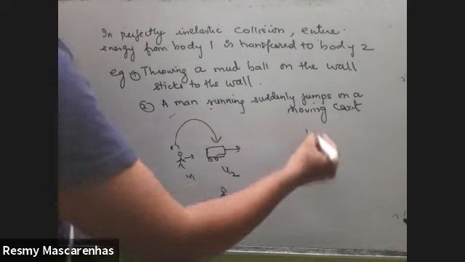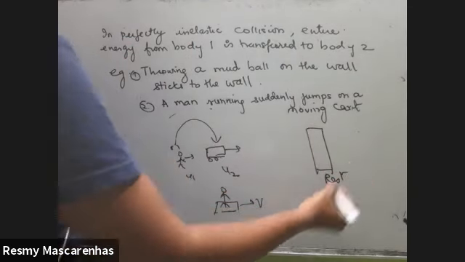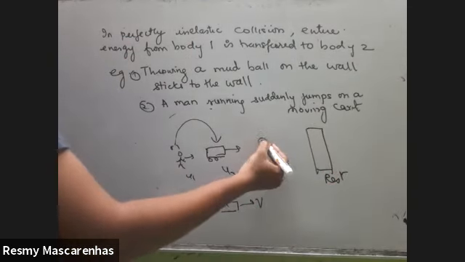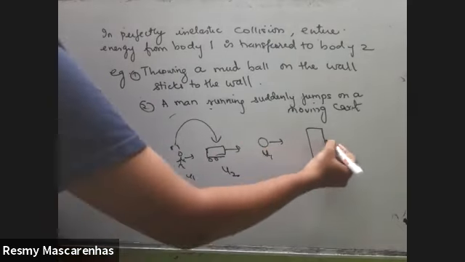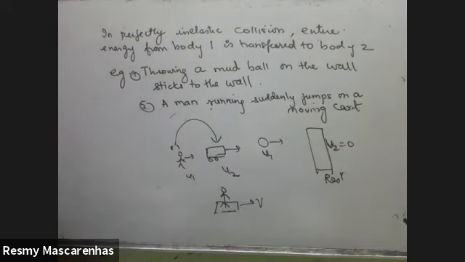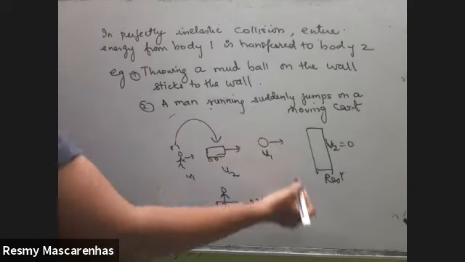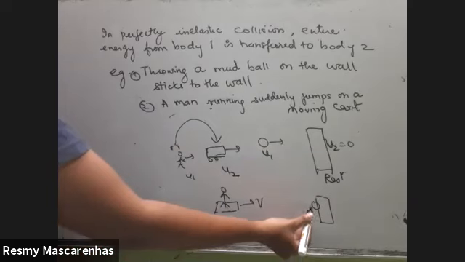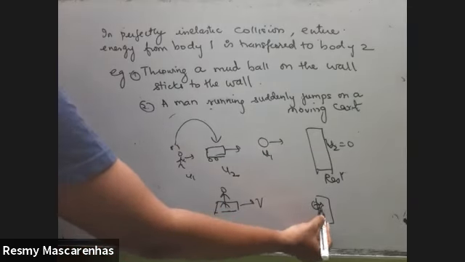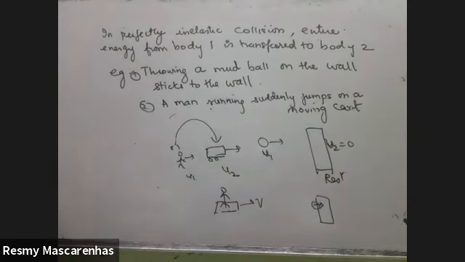Consider this one. There's a wall. This may be at rest, doesn't matter. The mud ball is moving. U2 may be 0 because it is at rest. Now the moment this is moving, it goes and sticks to this. So it's not moving. Its total energy got transferred to the wall. Whenever it sticks to the wall, all the energy is lost.